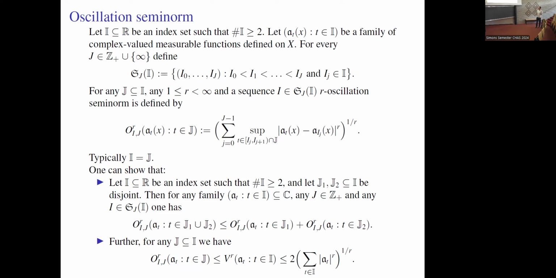Okay, so if we have these intervals, then what we do is something similar to the r-variational estimate. That is, we take the supremum over all intervals [I_j, I_{j+1}), taking the supremum over all possible differences. Equivalently, we look at the differences with the left endpoint of this interval.